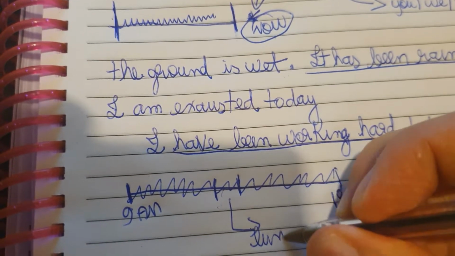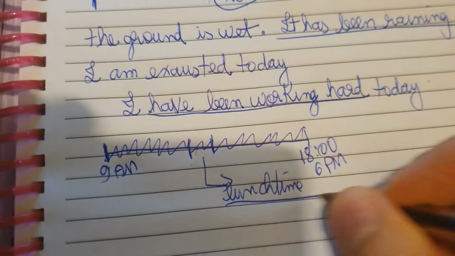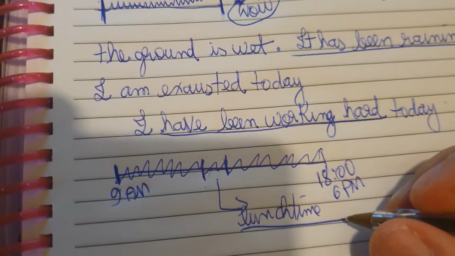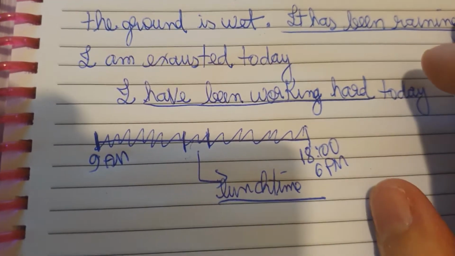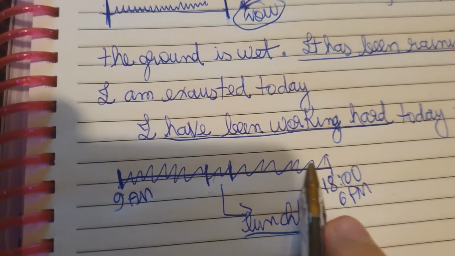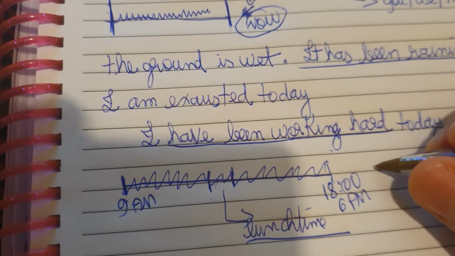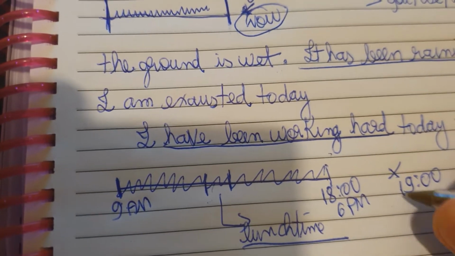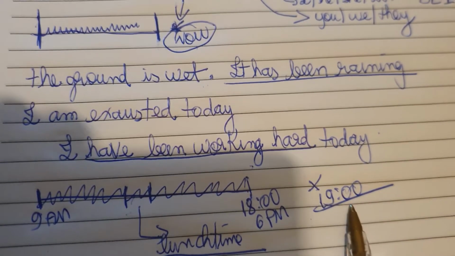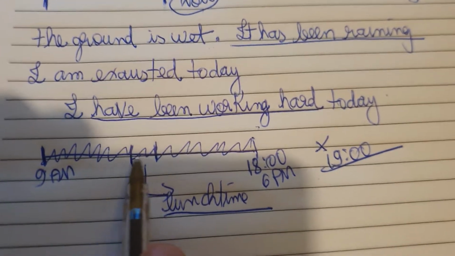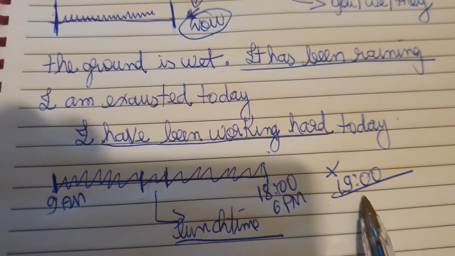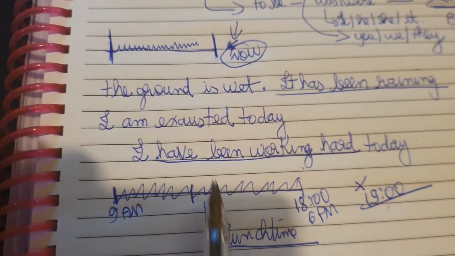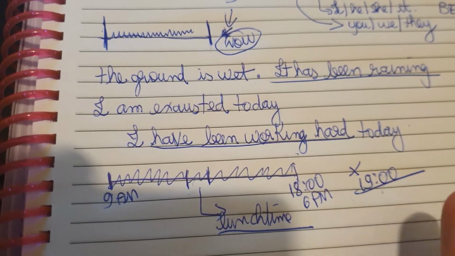It's important, lunchtime, because everyone gets hungry and needs to recharge his energies. And so you work during the day, and at the end of the day, let's suppose now it's 7 p.m. Now I say, oh, I have been working hard today, and now I'm exhausted. See what I mean? So it's very easy to understand this context.